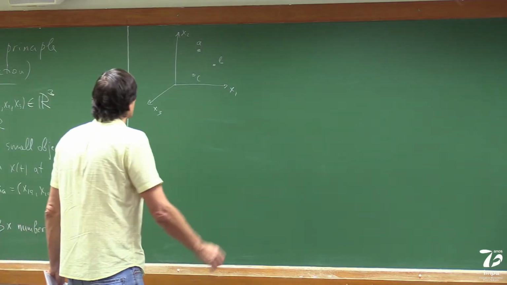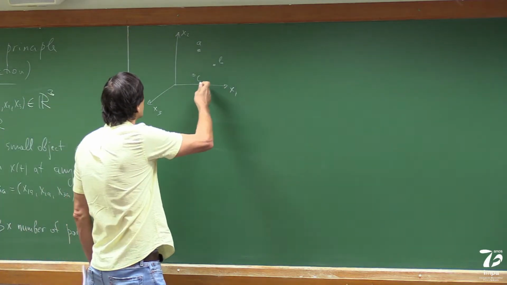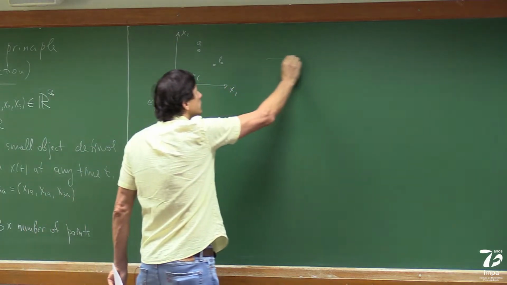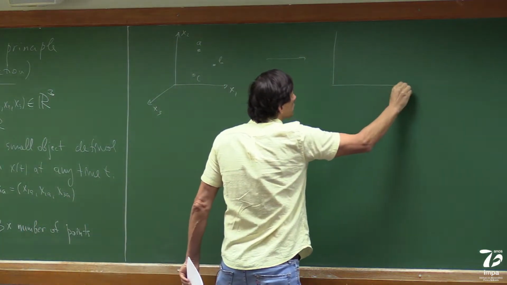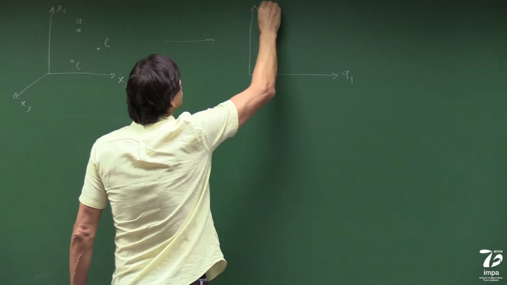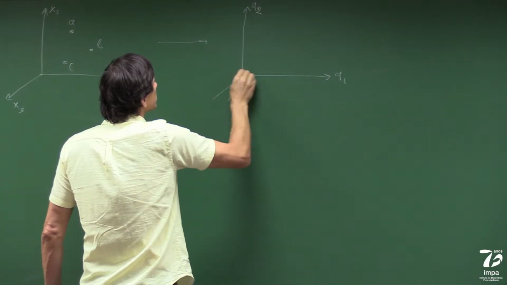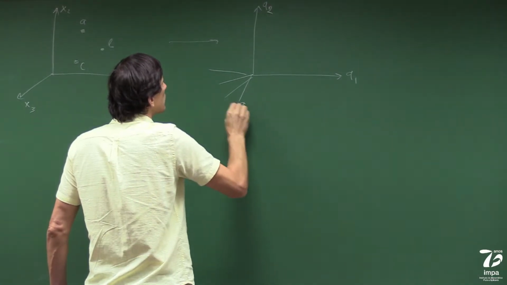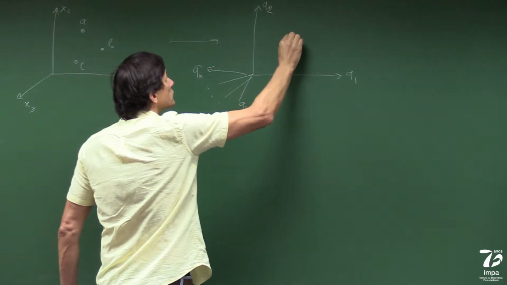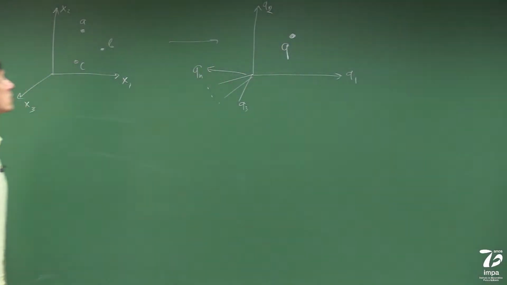In principle, what that means is that instead of a collection of points in three-dimensional space, you go to the n-dimensional space, and then represent the full system by the vector, by 1 point.